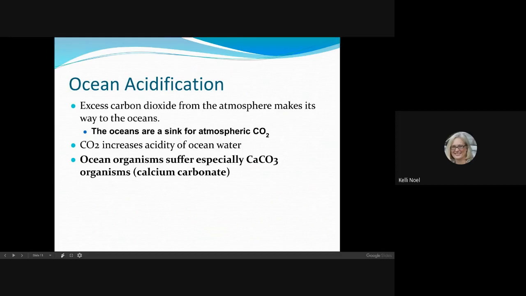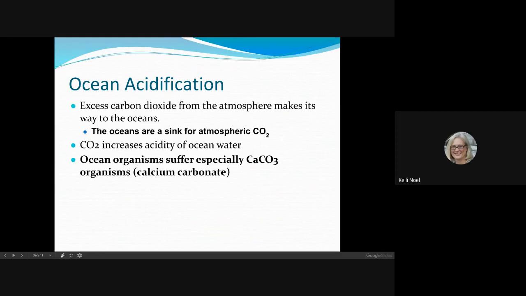CO2 is carbon dioxide. Carbon dioxide increases the acidity of ocean water. What happens is it's going to combine with the water, and it's going to create an acid, carbonic acid.